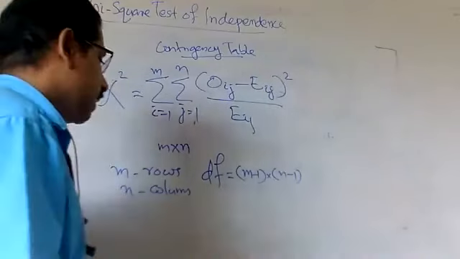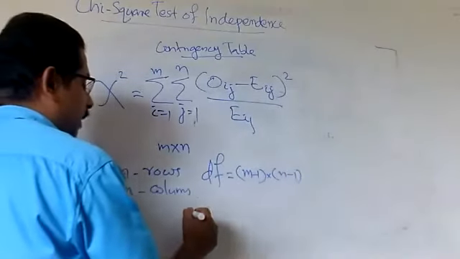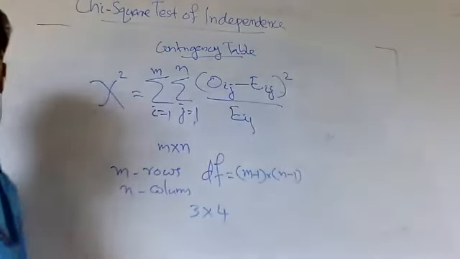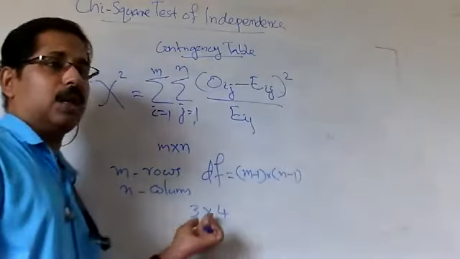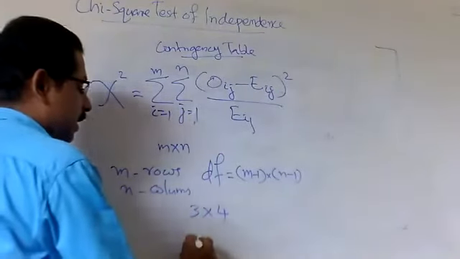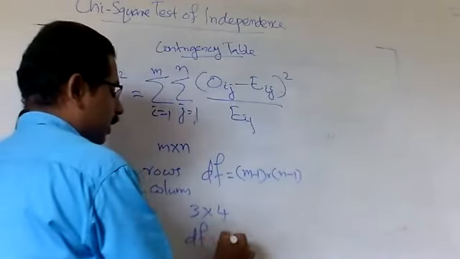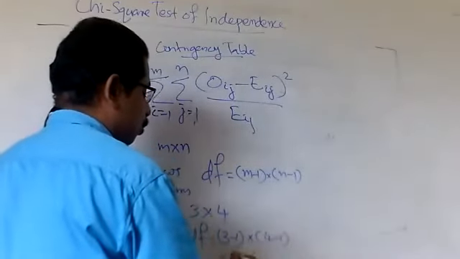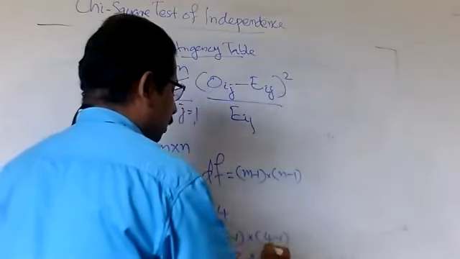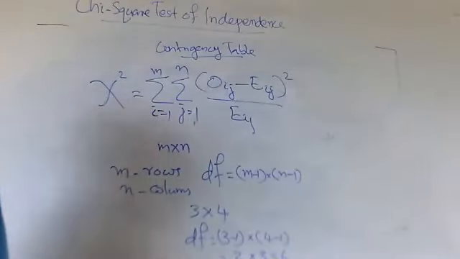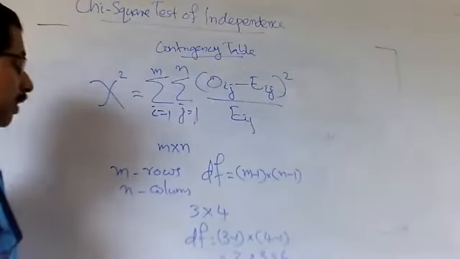Suppose you consider a contingency table 3 by 4. That means you have 3 rows and 4 columns. Then the degrees of freedom is equal to 3 minus 1 into 4 minus 1, which is 2 into 3, equal to 6. This is the way to find the degrees of freedom.